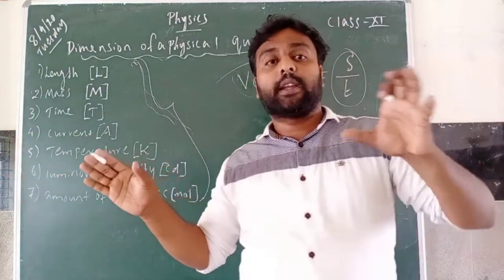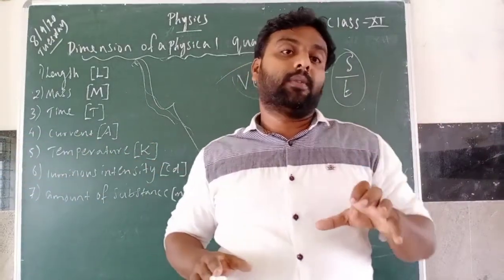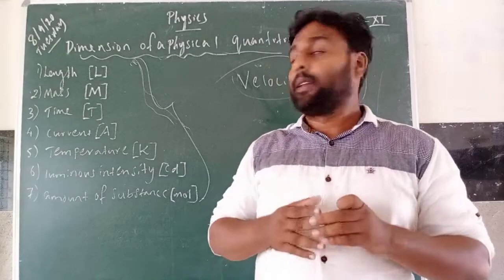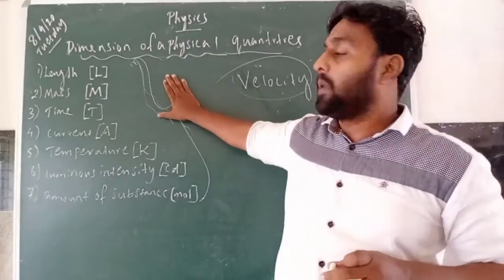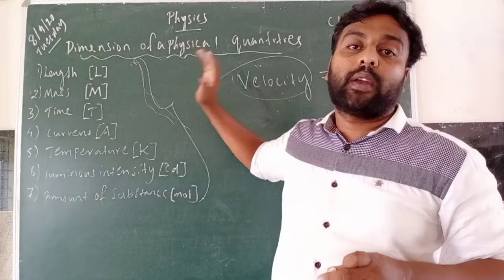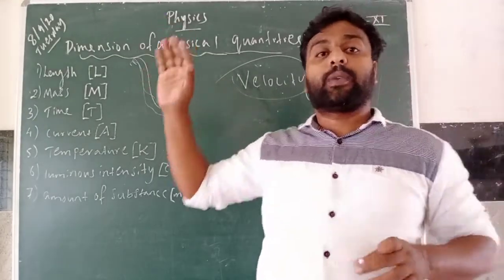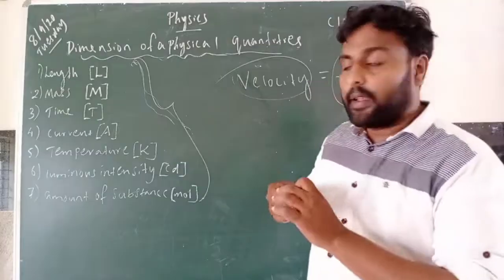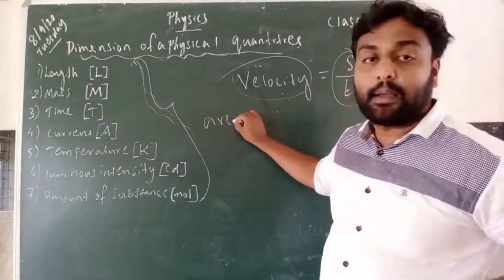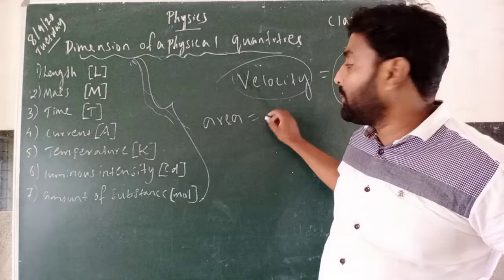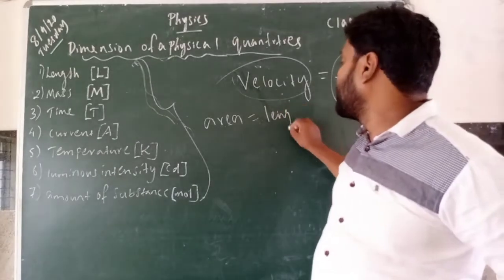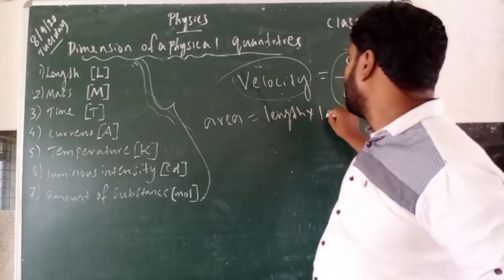All the derived quantities in the physical world, we can represent by using these 7 basic quantities. For example, area you can represent by using length into length.